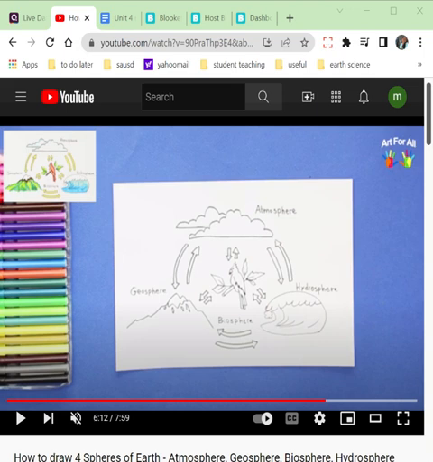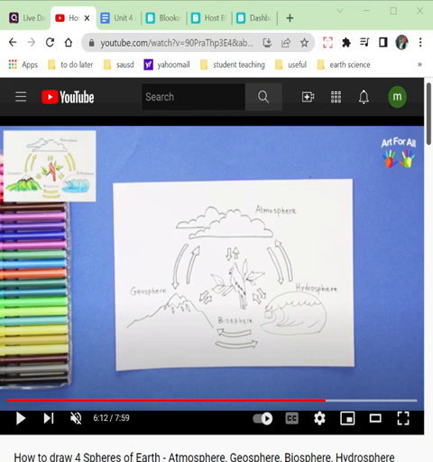An example of maybe like the biosphere interacting with the hydrosphere. Maybe the birds are drinking water, taking it in. Us, we're taking in water from like maybe the lakes. Or us interacting with the atmosphere, us breathing in oxygen.